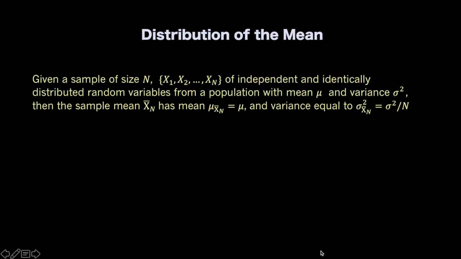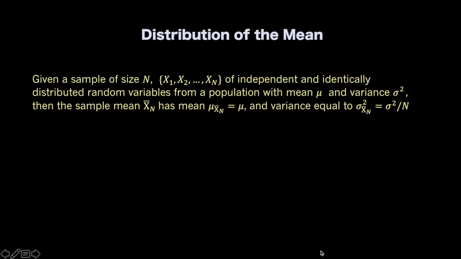Here we come to an important result about the distribution of the mean of a sample. Given a sample of size n, so n is a number, in our case it was either 10 or 50, of independent and identically distributed random variables from a population with mean mu and variance sigma squared, the sample mean, which we write as x bar, has mean equal to the population mean and a variance equal to the population variance divided by n.